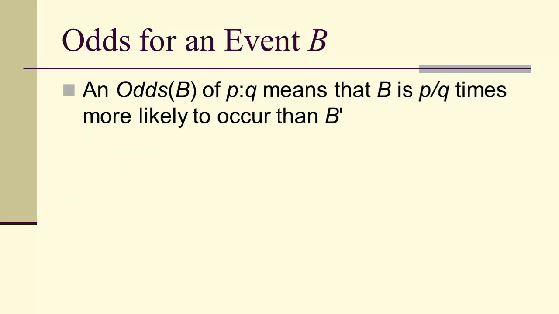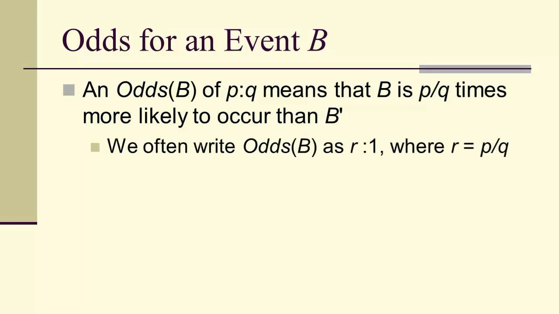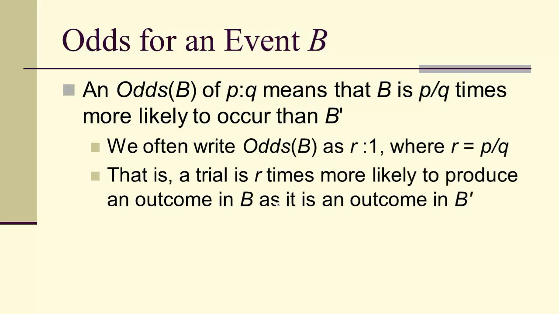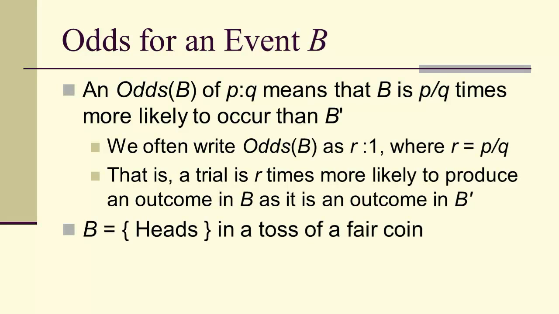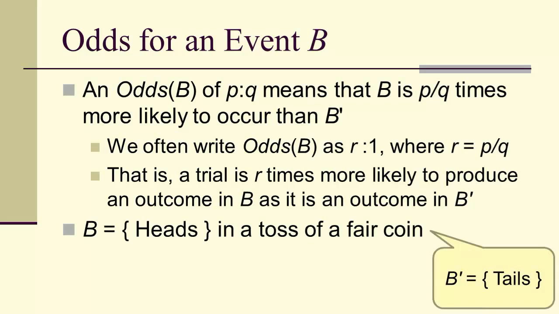So an odds of P to Q means that B is P over Q times more likely to occur than B prime. A lot of times we simply write it as an R to 1 ratio, and therefore if a trial is R times more likely to produce an outcome in B as it is in B prime, then that's the odds of B. So suppose we toss a fair coin.